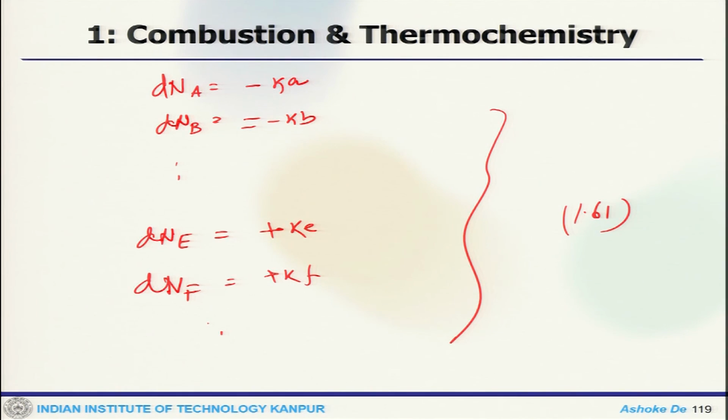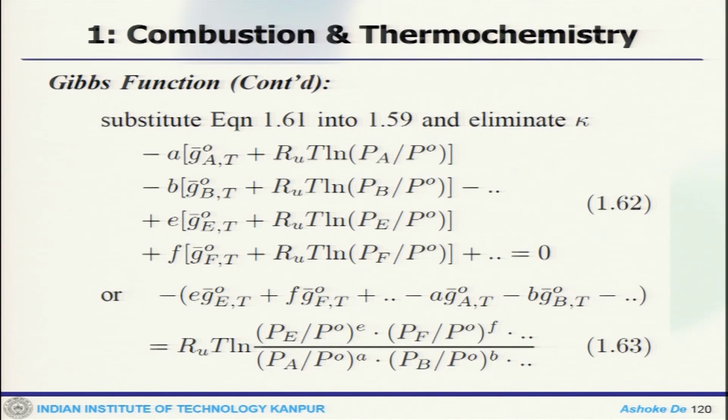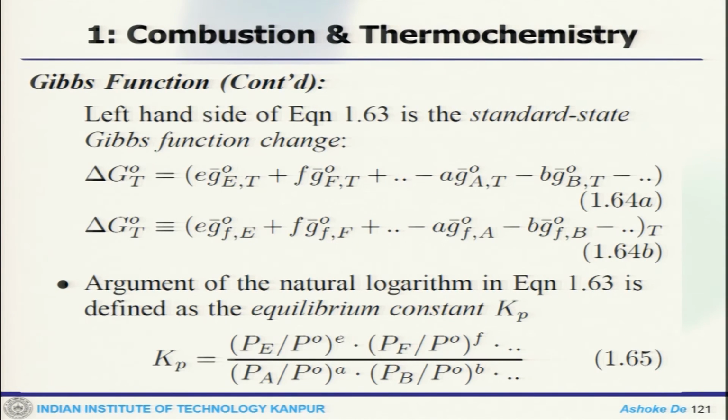If you do that, now you put everything together. So this looks a little messy, but take 1.61 into 1.59 and eliminate kappa. So you get minus A plus B plus E plus F, that would be your equilibrium condition, 0, and if you do a little bit of algebra, you finally get this, and that is simple algebra one can do.